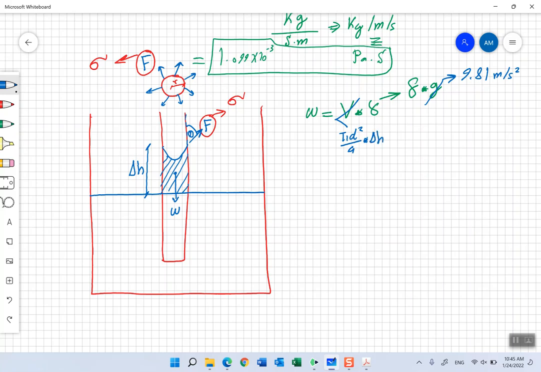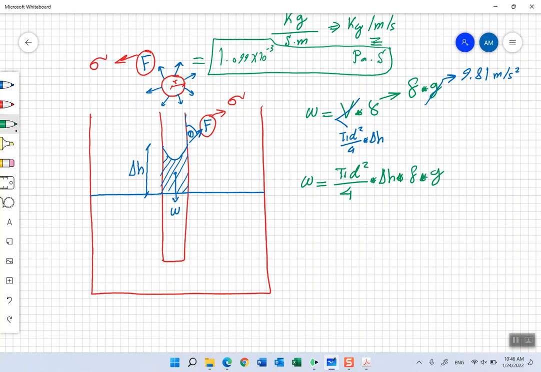We are just reviewing the basic parameters, the volume of the cylinder and the unit weight of the water. So the weight will be pi d squared divided by 4 multiplied by delta H multiplied by rho multiplied by g.